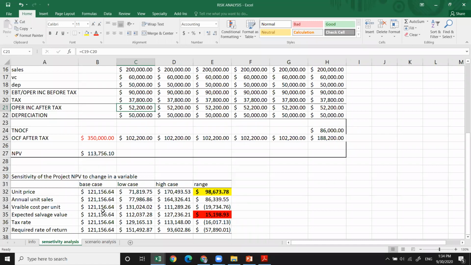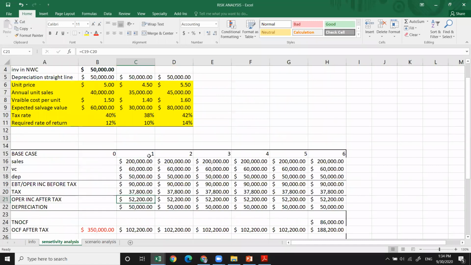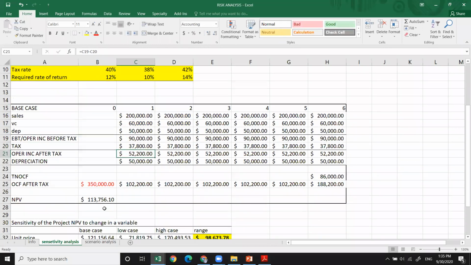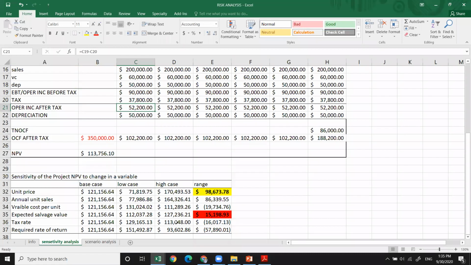And what if the required rate of return changes, but bringing the tax rate back? We need to bring the tax rate back. If we do this, our NPV is 113,756, but it doesn't match. What is the problem? Who can tell me?